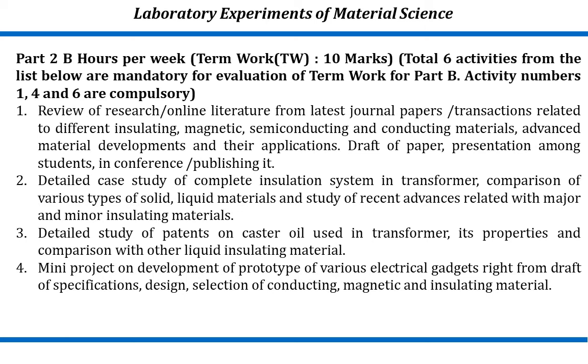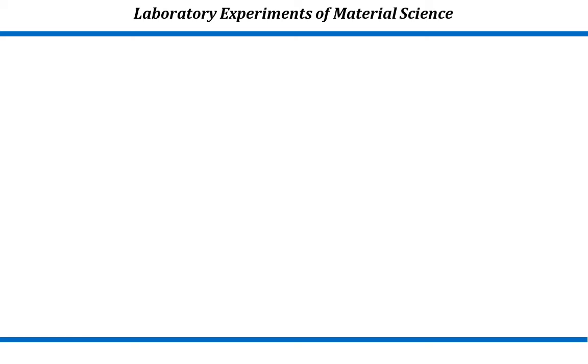Third one, detailed study of patents on castor oil used in the transformer, its properties and comparison with other liquid insulating materials. Fourth one, this is a very prime topic, mini project on development of a prototype of various electrical gadgets, right from draft of the specification, its design, selection of the conducting, magnetic and insulating material.